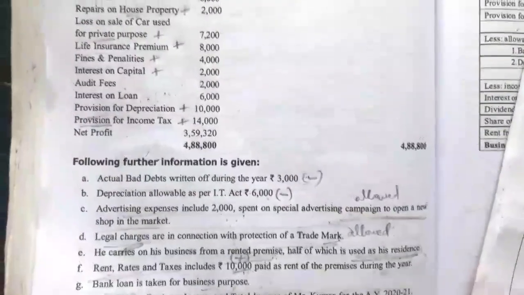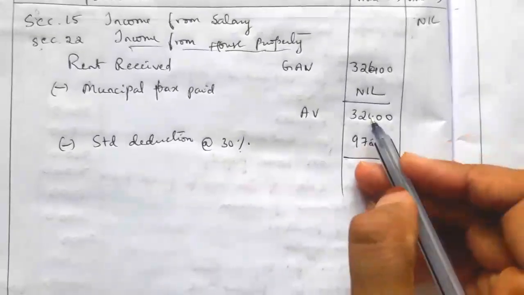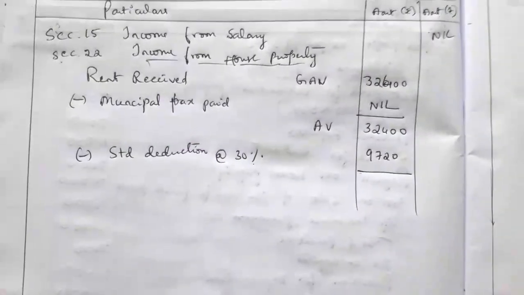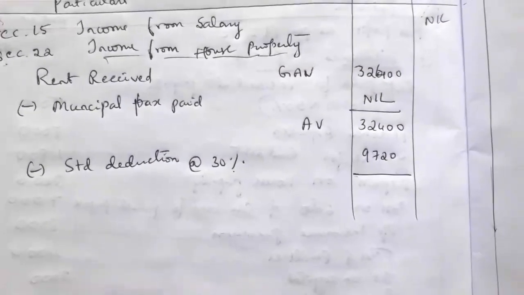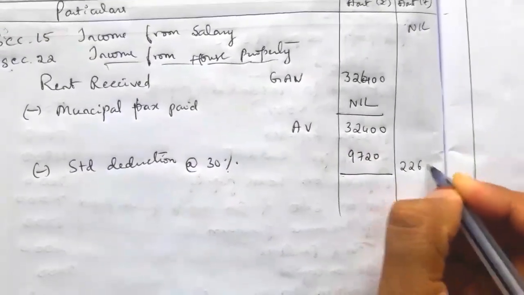The interest on loan given here is for a business purpose, which is not the same. Interest on loan, if it is taken for a house property, then we can deduct it here. So the final taxable income from house property is rupees 22,680.